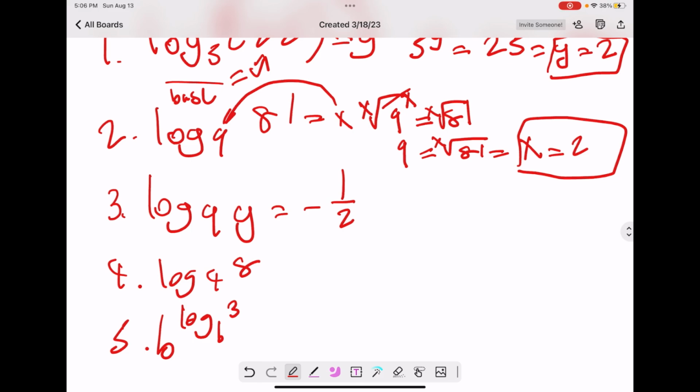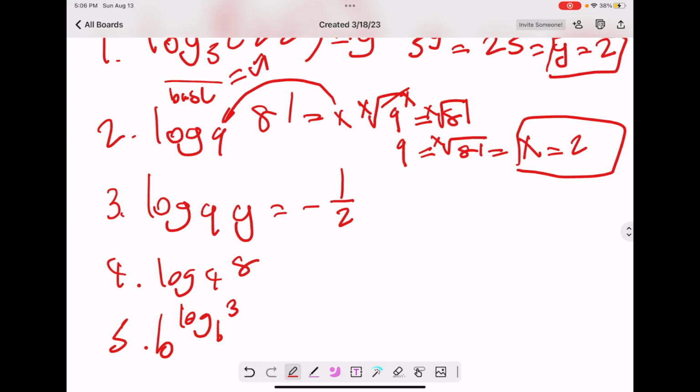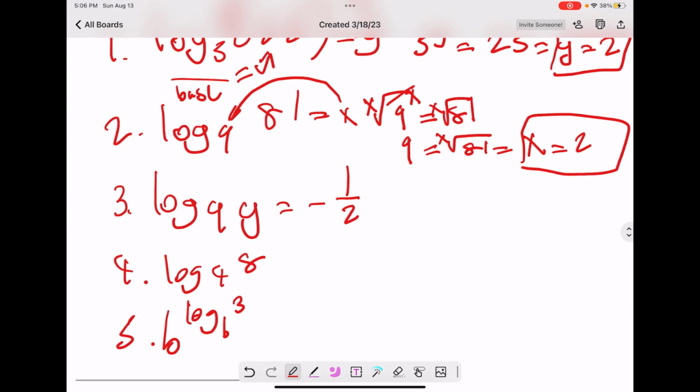So again, even though this might look intimidating, this is log 4 of 8. I can just put this in parentheses. If we just have the log, we can set it equal to x. Okay, so for this equation, remember, we're going to plop the x on the 4. So it's going to be 4 to the power of x, because we're plopping it on, equals 8, whatever the log focuses on. Now this is not clear because 8 is not a power of 4, but what we can do is simplify this in terms of exponents.